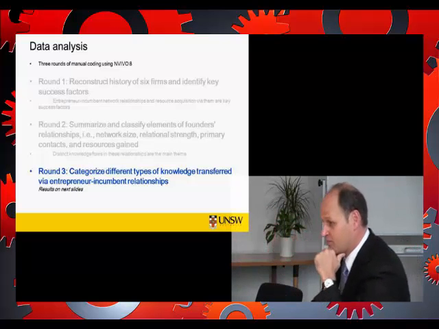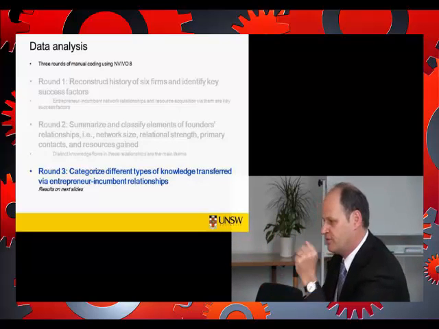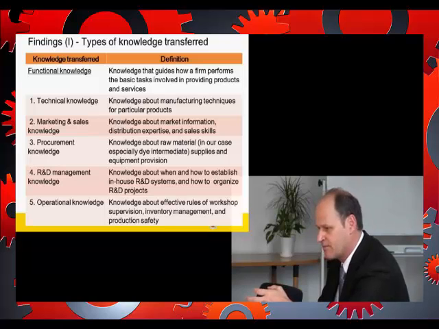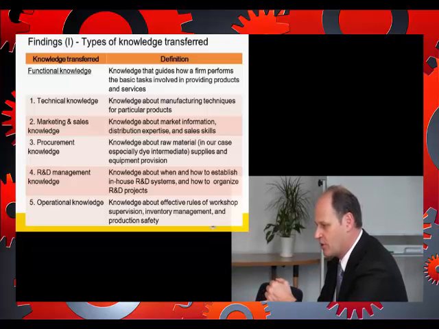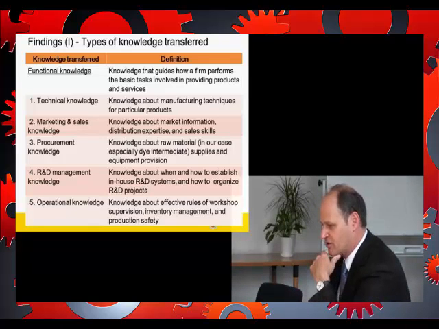So basically, we made two big types: functional knowledge, which is technical knowledge about manufacturing techniques for particular products; marketing and sales knowledge, knowledge about market information, distribution expertise, sales skills; procurement knowledge, where you get the raw materials, who are the suppliers; R&D management knowledge, how do you go about managing R&D systems, organizing R&D projects; and operational knowledge, which is about effective rules for workshop supervision.